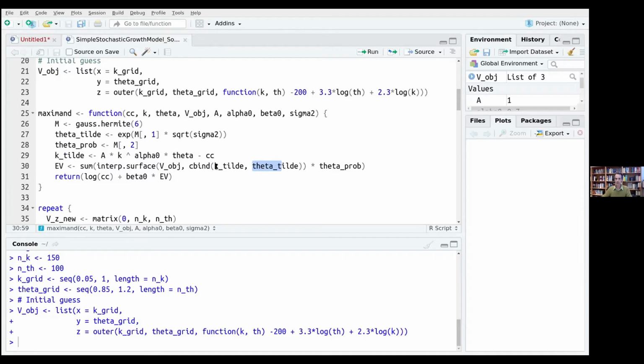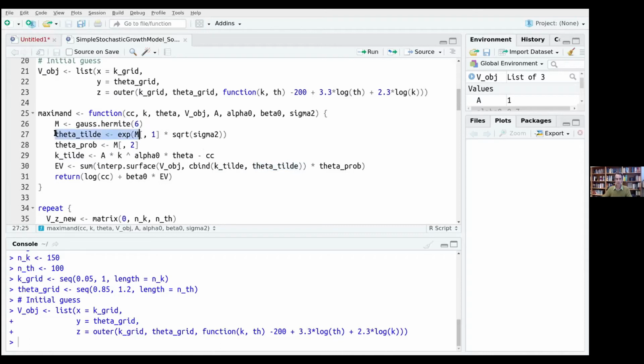Right? This is next period's capital stock. This is next period's technology level. These 2 points are derived from the transition equation. So the capital stock is just the deterministic transition equation for capital, and theta tilde is just drawn randomly. But actually, theta tilde is not just a single point, but these 6 points here.